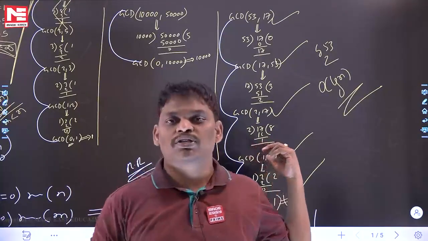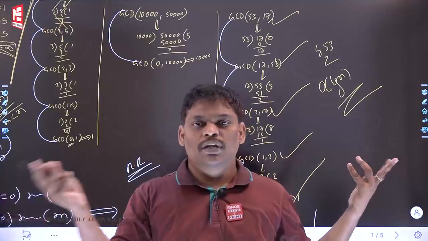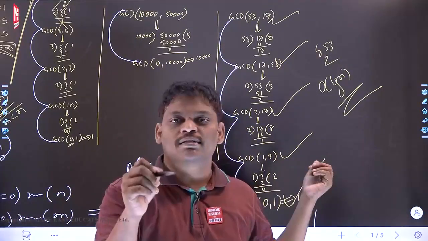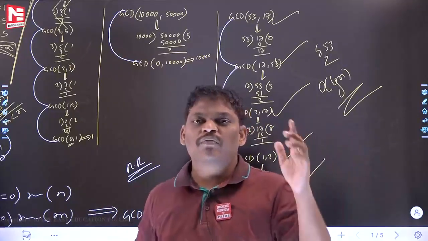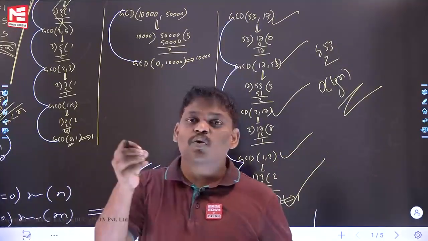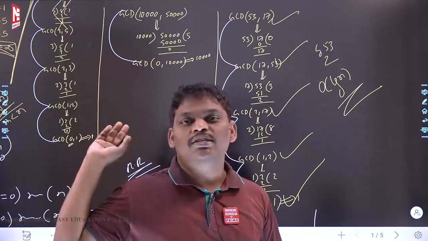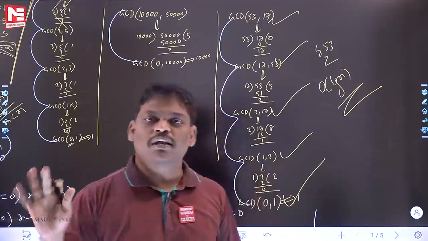In asymptotic notation, 10 is equal to 100. In asymptotic notation, every constant is theta of 1. If every constant is theta of 1, what is the meaning? All constants are equal. That is the reason, don't bother about small things. Think about what logic is going on. What is the logic here? Always divide. Log n will come.